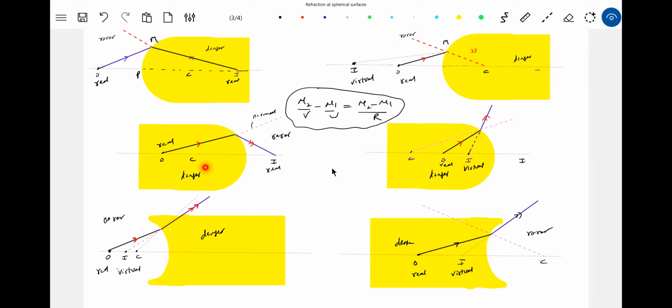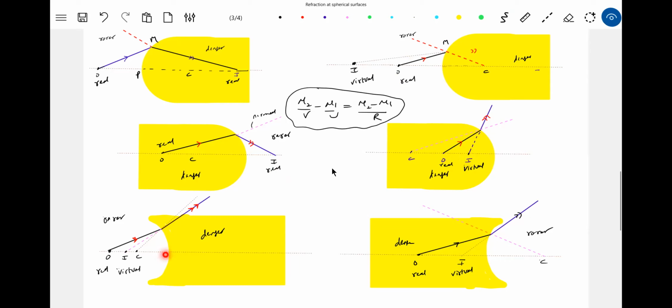Now, what is the next situation? Object is in denser medium. It is facing the concave boundary. You can see this concave boundary, and the image will be formed in rarer medium. The same situation here. Object is in denser medium. It is facing the concave boundary, and the image is formed in the same medium. Still, this formula is applicable.